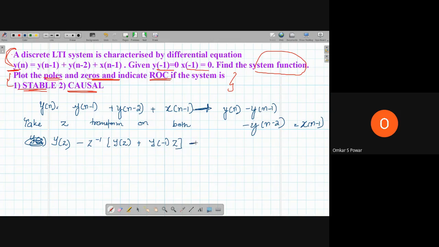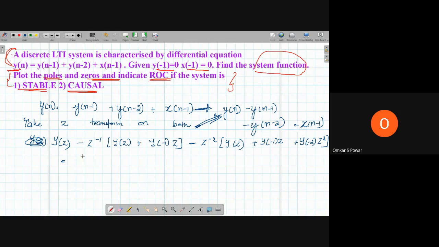So minus, we are applying the z transform for this one here: minus z transform of y(n-2). So z^-2 Y(z) + y(-1) into z + y(-2) into z square is equal to, we have again the z transform of x(n-1).